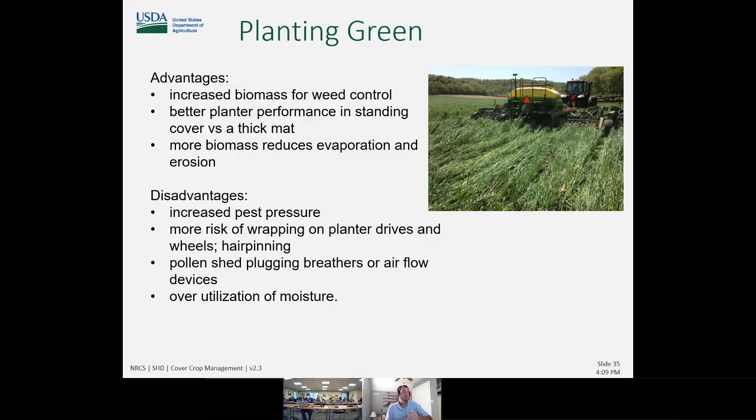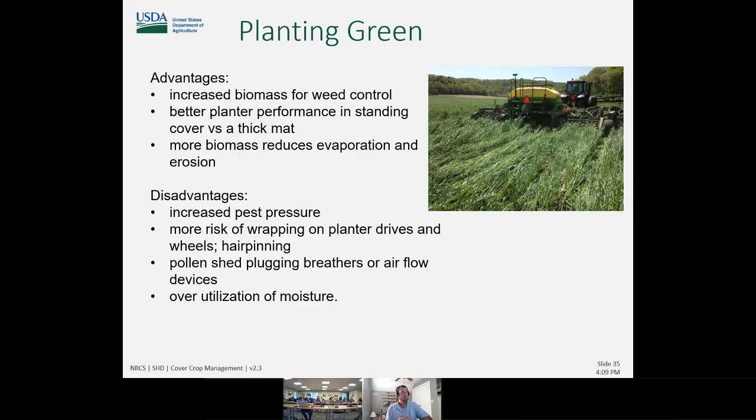We covered those in those niches of providing ecosystem services, that we're planting green because we're keeping living roots. We also provide opportunities for increased biomass, because we're not only allowing that cover crop to grow longer, we're also providing more cover, and also getting that cash crop established into that.